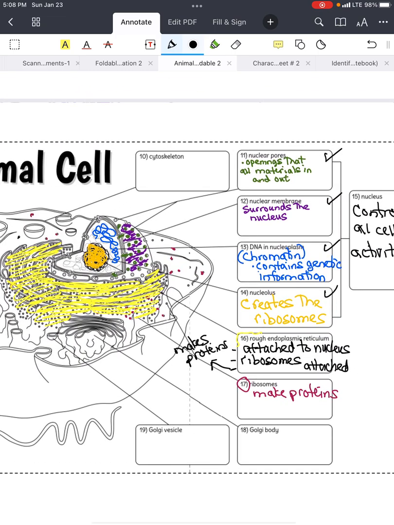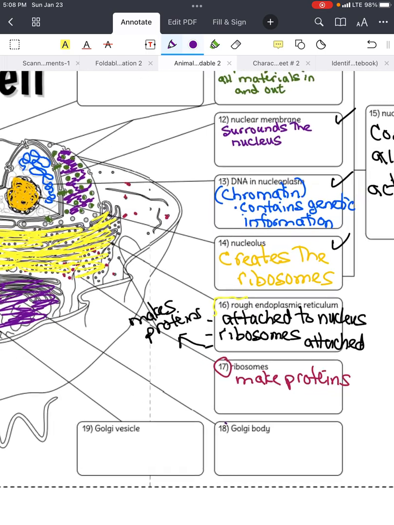Moving up here. Golgi body. Number 18. This is the Golgi body here. These kind of look like maybe a stack of pancakes.